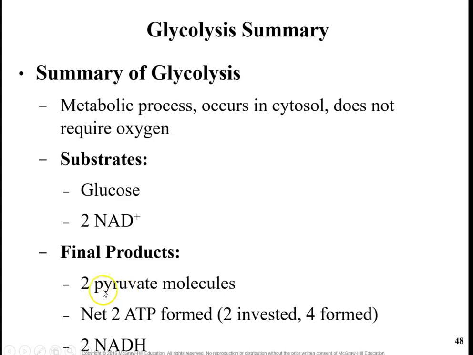So our final products are those 2 pyruvate molecules, net 2 ATP formed, right? We had 2 invested and 4 formed, and we had 2 NADH. And this is an electron carrier that's going to go to the electron transport chain and give its electrons off, and in the process of doing that, ATP will be synthesized.